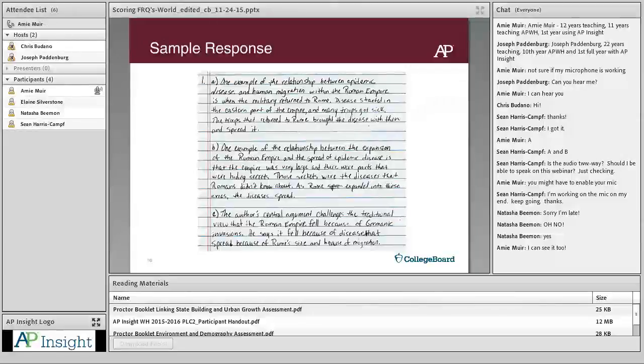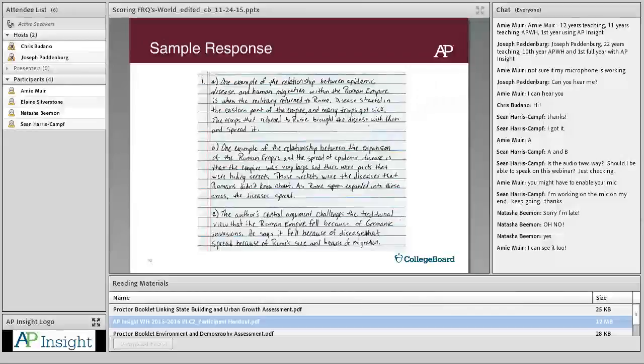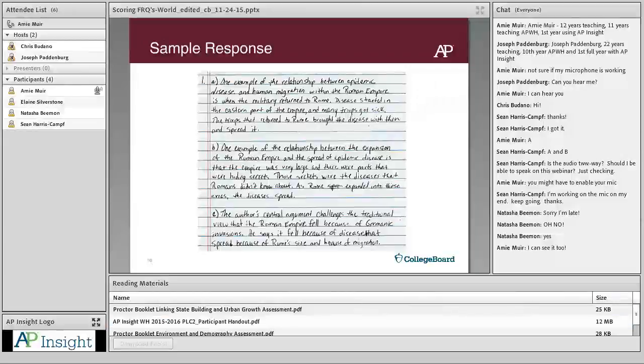I'm thinking about it because I think he identifies what the traditional sort of explanation is, and he identifies the idea that it fell because of diseases. The student does that.